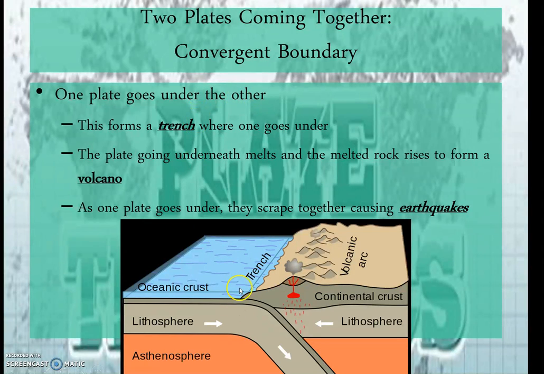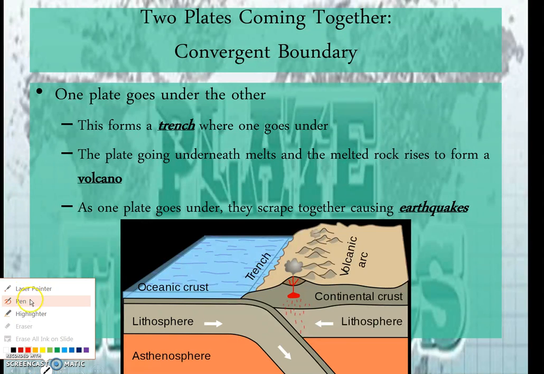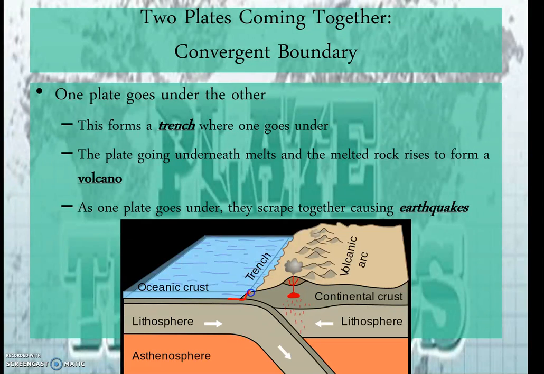First is this trench right here. You can see that these two plates form a V right here where they are coming together. That forms a deep trench. So that's one thing that can happen. The next thing that can happen is, as you can see, as this plate goes under, right here it gets hot and starts to melt.